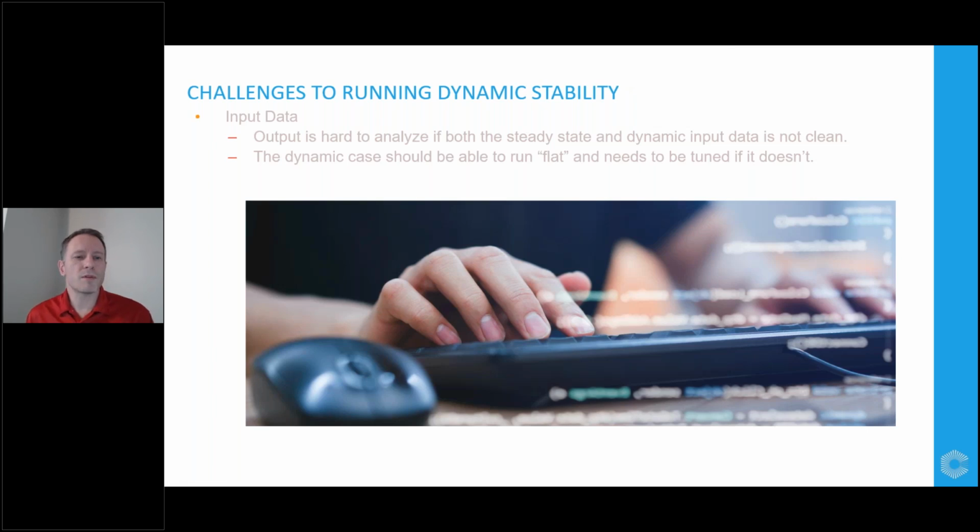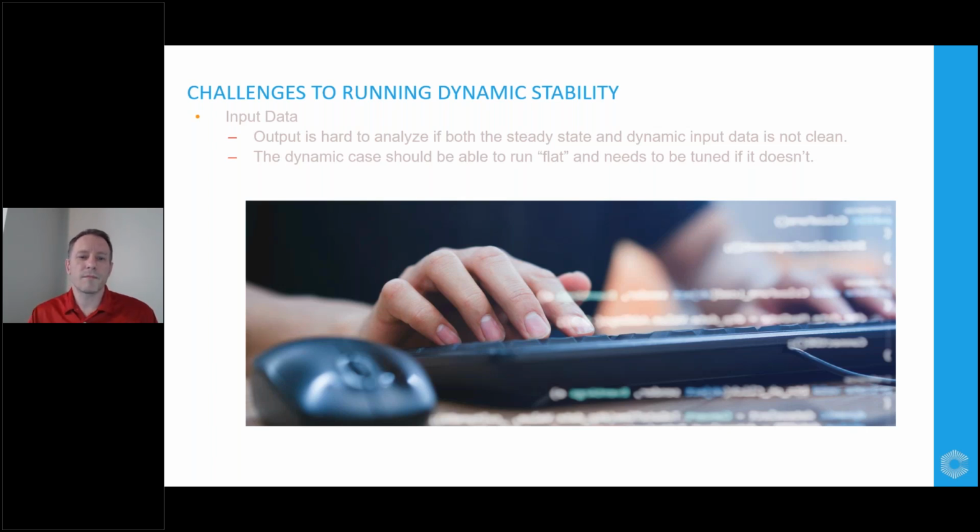So some of the problems with running the dynamic stability is it just takes a lot of input data, and the output depends entirely on having good, clean input data. So if you don't have a good model from the utility, or if you are the utility and you don't have a good model yourself, it's not going to give you very good results.